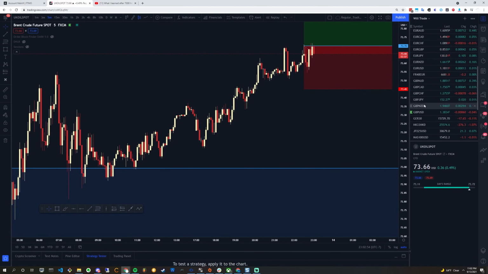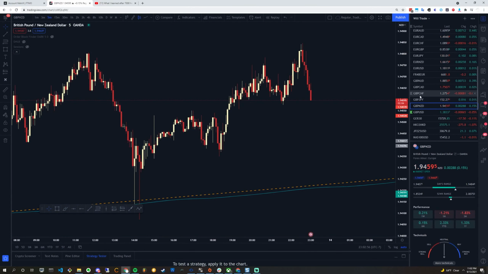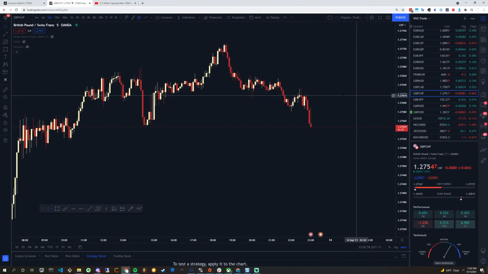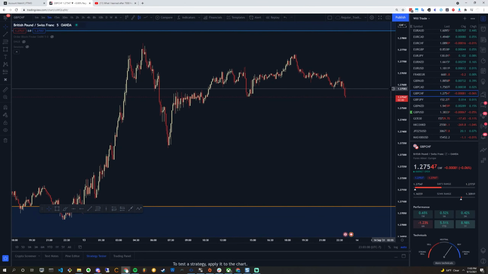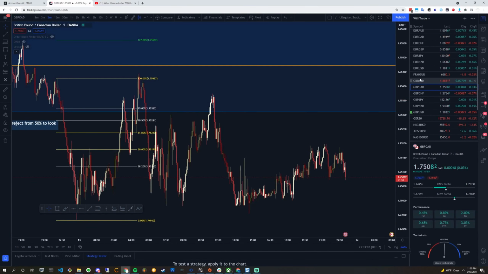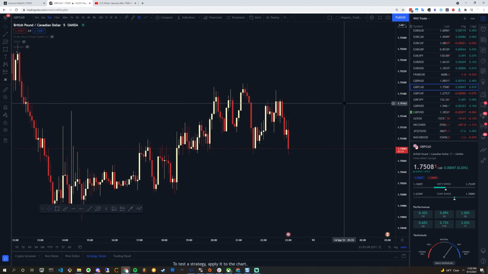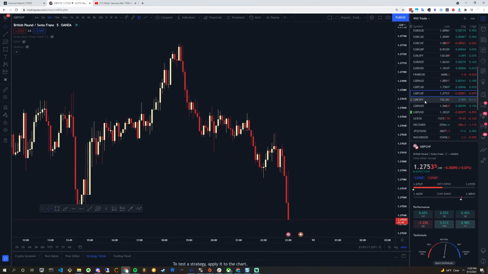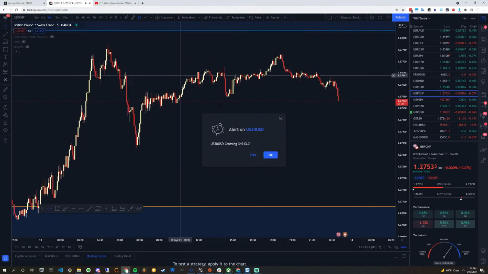UK Oil selling me. Oh, Pound New Zealand looking so tempting. Pound Swiss, oh, everything. Pound, why are you dumping right now? Which one of y'all Brits logged on and started selling? I want to sell all of this.